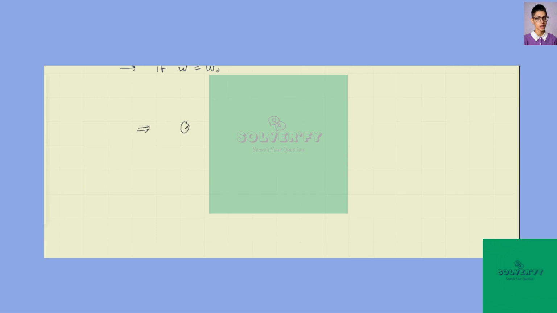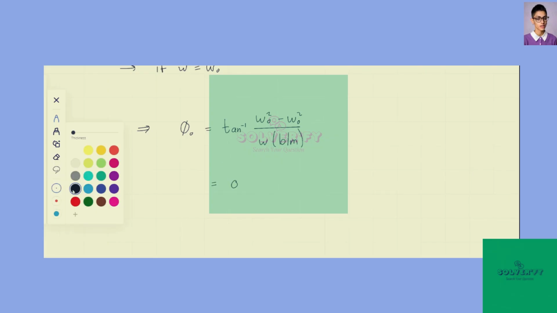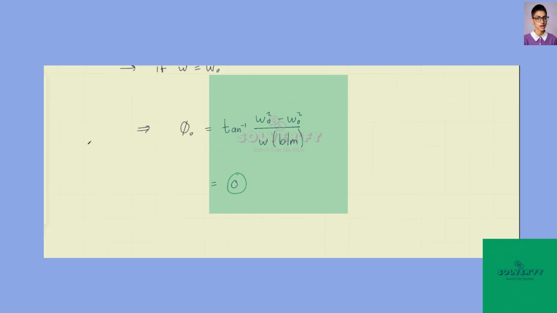This means that the phase angle phi naught is equal to the arctan of omega naught squared minus omega naught squared divided by omega into b over m. We can see that this is simply equal to 0, and so the phase difference is 0.